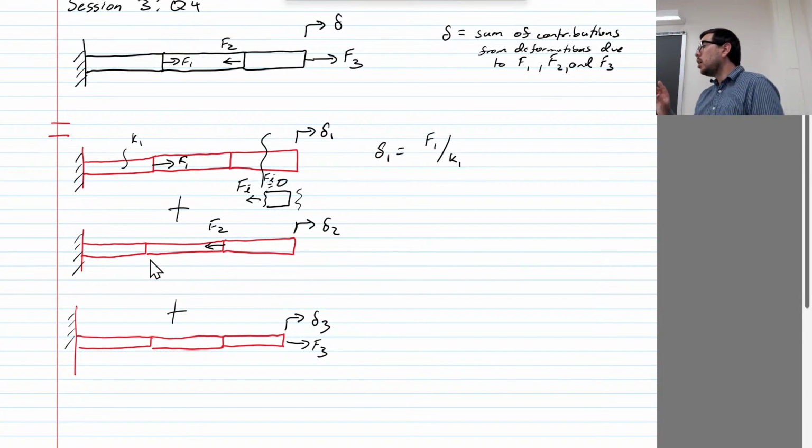Now, before I even write down the equation, if I put two springs in series with each other, and let's say they have the same spring constant, like a K1 and a K1, does the overall stiffness increase or decrease as I stack springs next to each other? Decrease, right? It's the idea of something becoming springier.